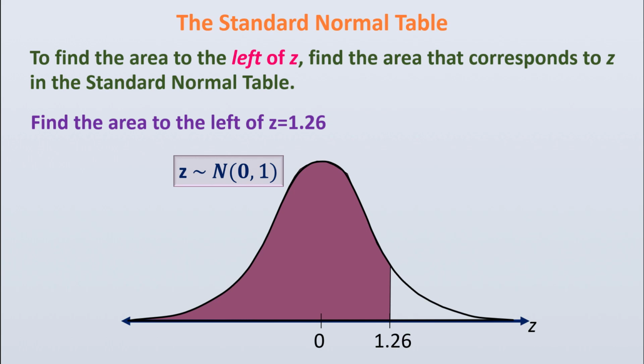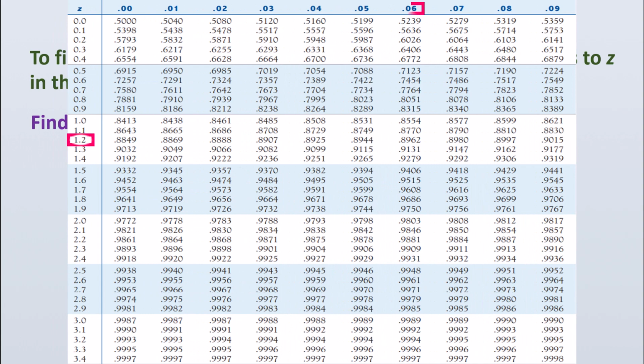Since the standard normal table gives the probability or areas under the curve and left to the z-value, we can use the z-table directly. Therefore, go to the 1.26 and find the corresponding probability.